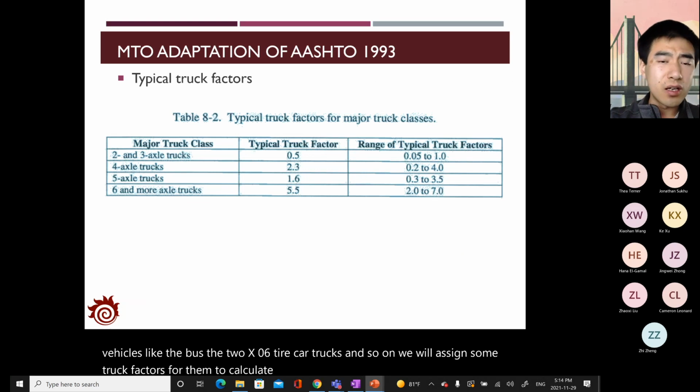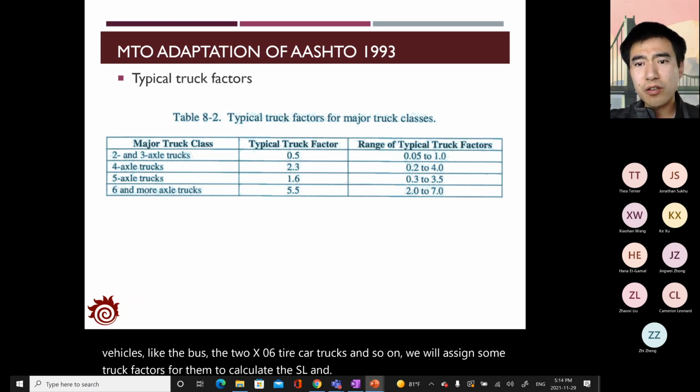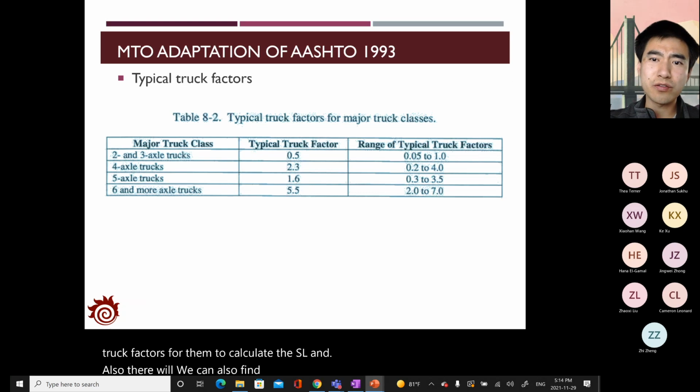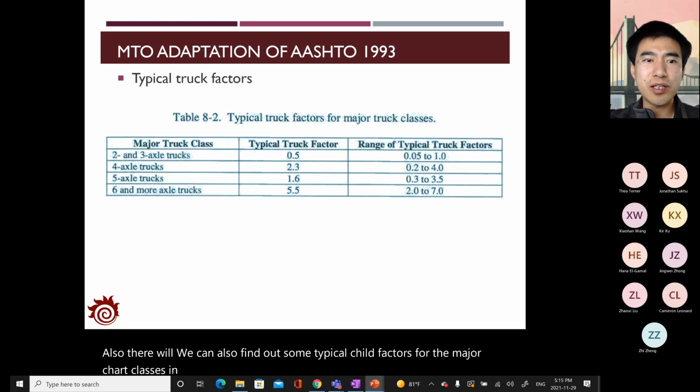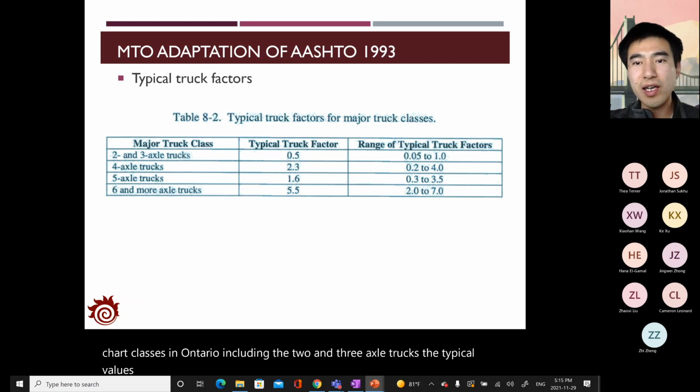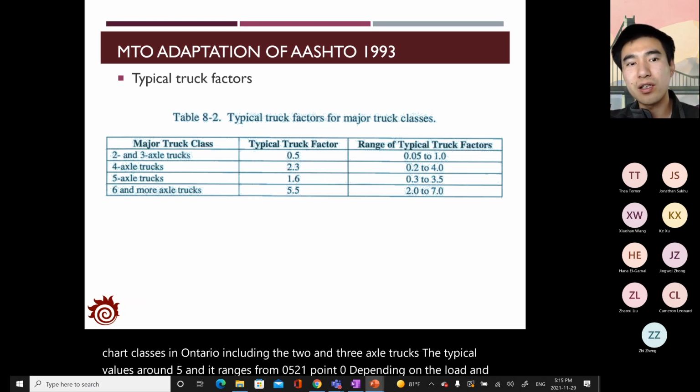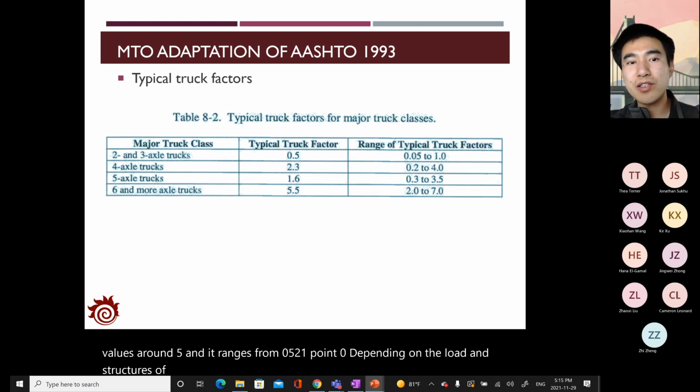And we can also find some typical truck factors for the major truck classes in Ontario, including the 2- and 3-axle trucks. The typical value is around 0.5, and it ranges from 0.05 to 1.0, depending on the load and the structure of the combinations of axles and tires.